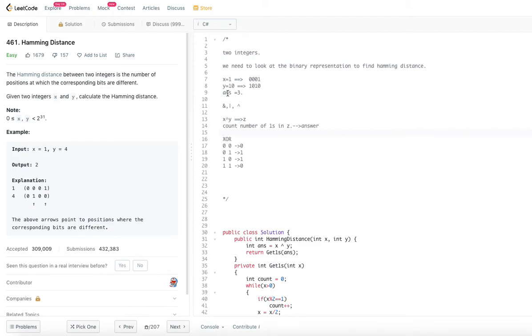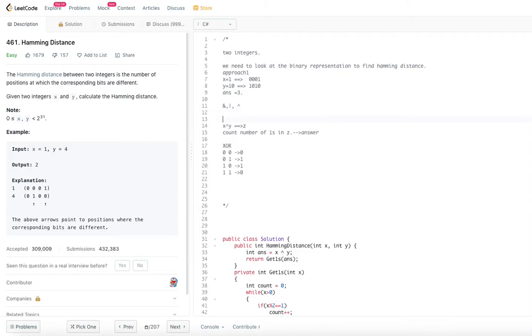So we looked at two different approaches. Approach one is where we were converting all the numbers, I mean, basically there are two numbers, to binary representation, and then going through each bit, assuming the lengths are same. But if the lengths are not same, we have to prepend that many zeros.